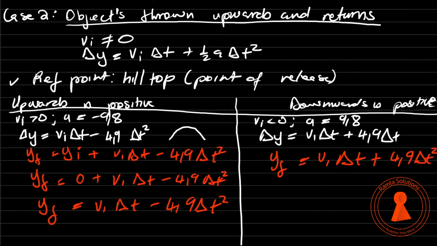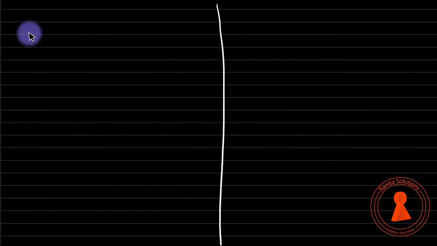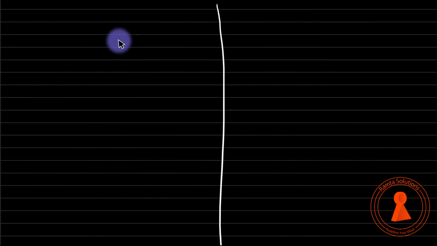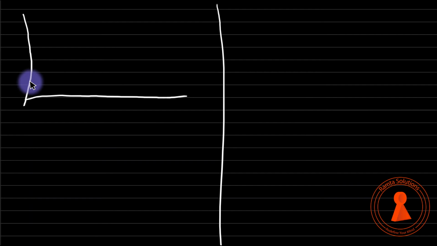Okay, guys, now let's draw our graphs. Remember, I said there is time symmetry here. This side is upwards is positive. Now, if the object starts from the y-intercept, which was 0, we saw that, and it's a maximum, it'll always be like this.